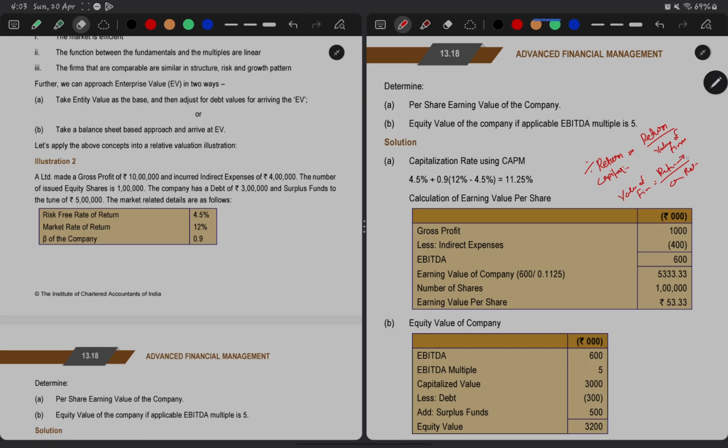So in our case, return will be nothing but the EBITDA, earnings before interest, tax, depreciation and amortization. So that is the method we are going to use for per share earnings value of the company. So per share, in the sense, we will first find out the earnings value of the company, then divide by the number of equity shares there.